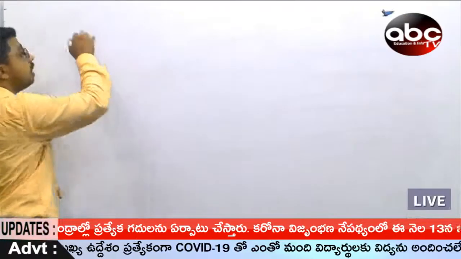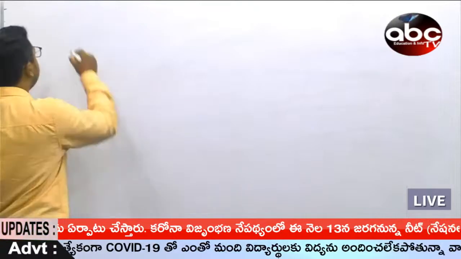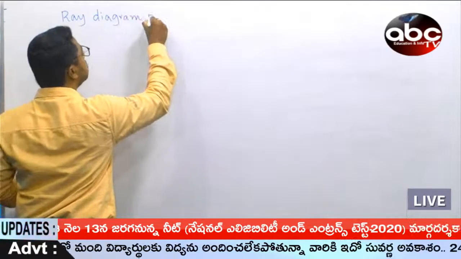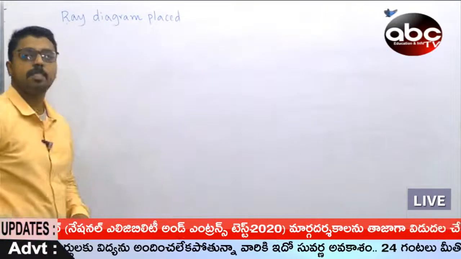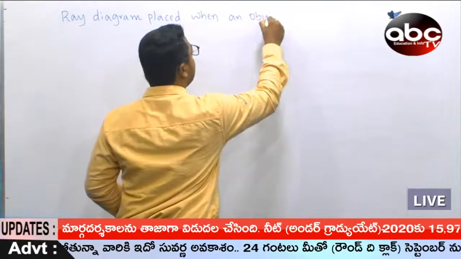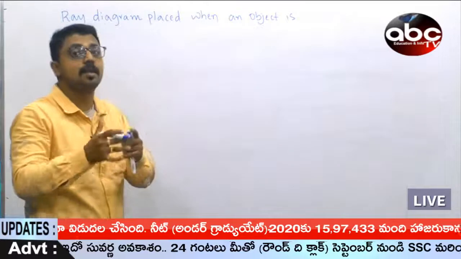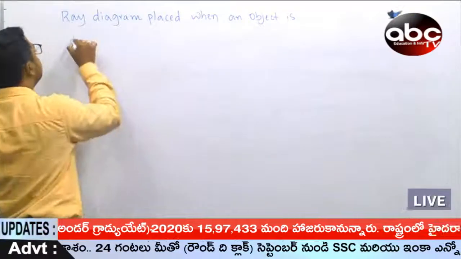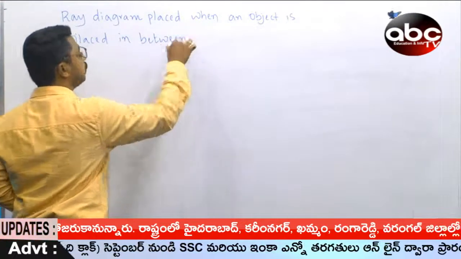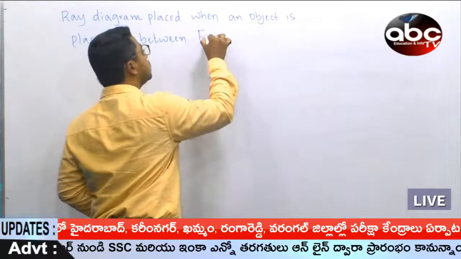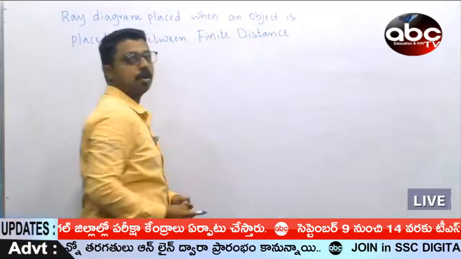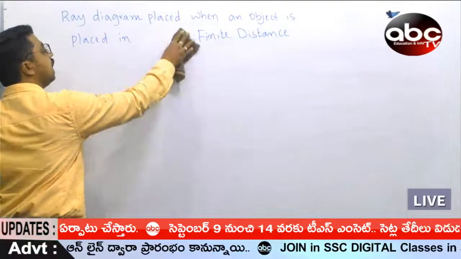So let us first write a clear heading: ray diagram placed when an object is placed in between, at a finite distance, or you can also term this as a fixed finite distance.